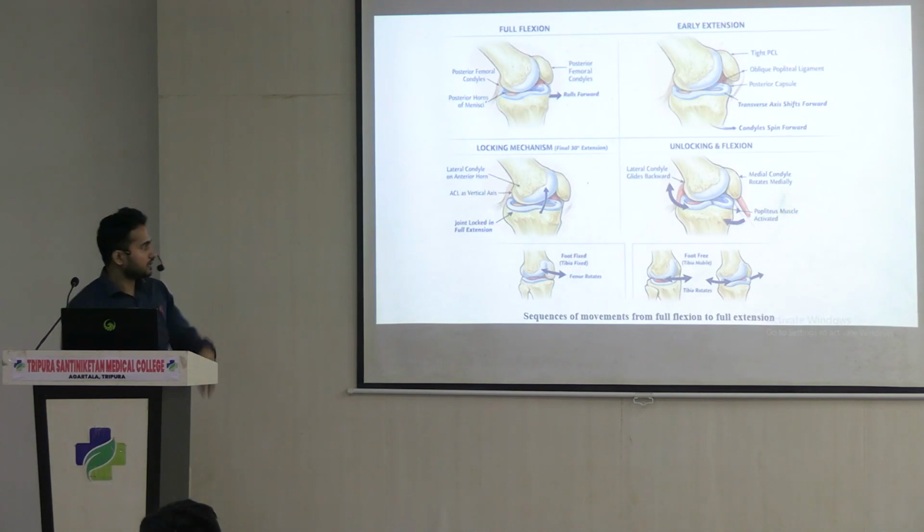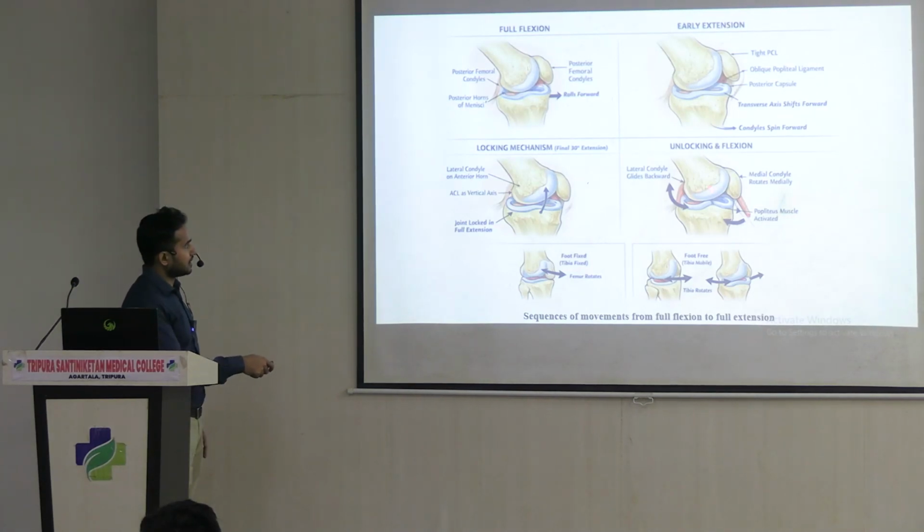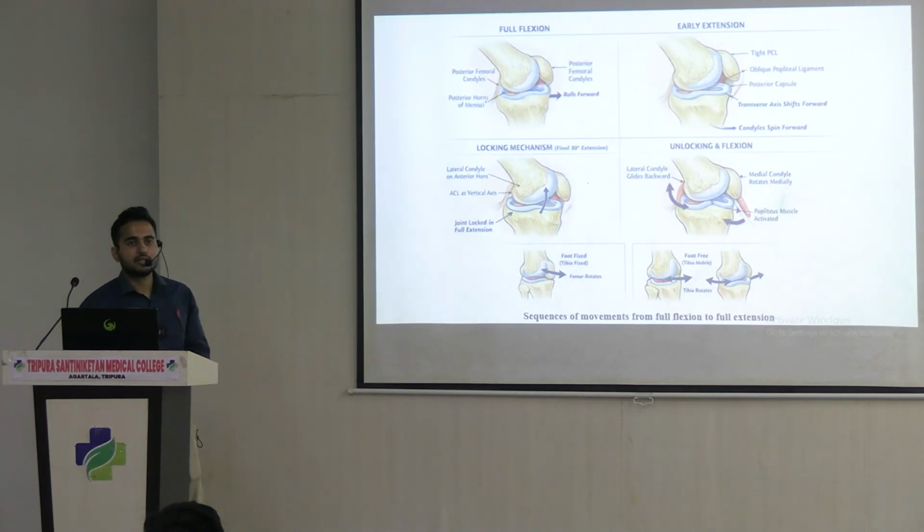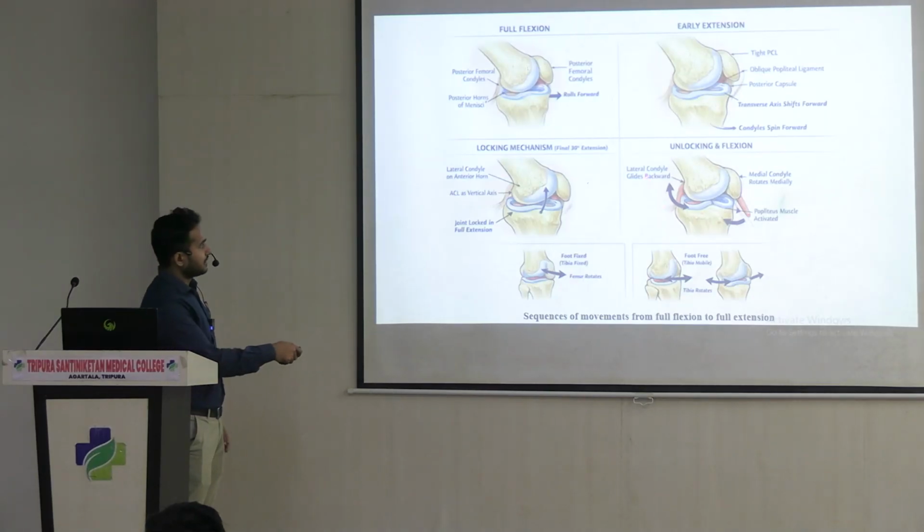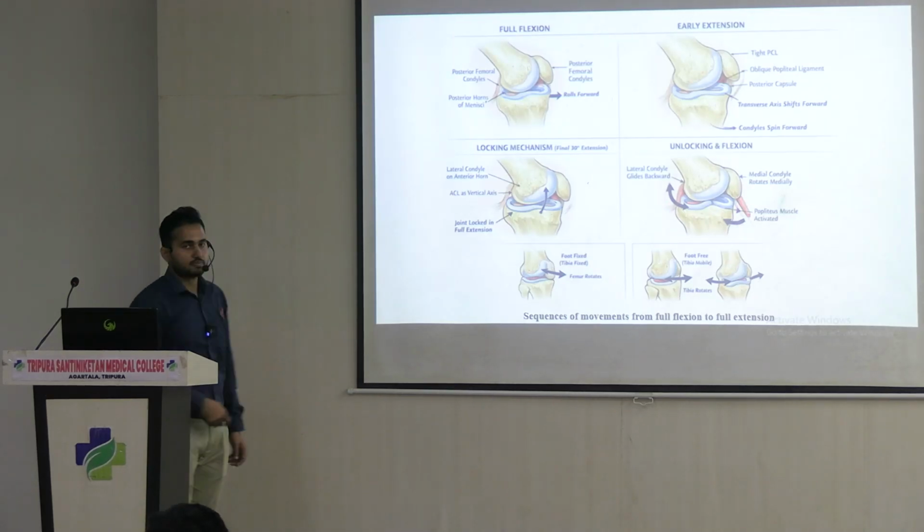Now, after that, from there, so that is the unlocking. Now, from there, if you start the flexion, at that time, what will happen? You have to unlock the knee joint. For that, what will happen? There will be lateral rotation of the femur. As you can see, the lateral condyle glides backward. Okay, and that is done by the activation of the popliteus muscle.